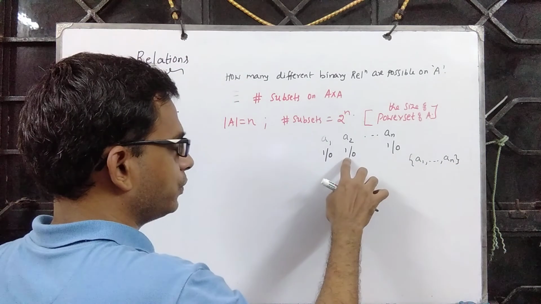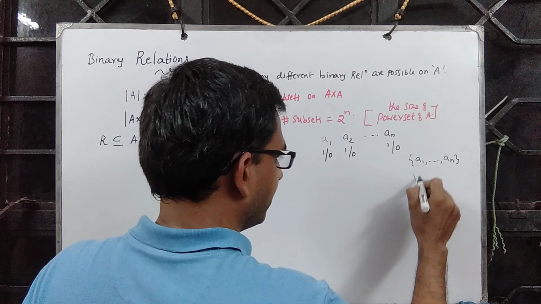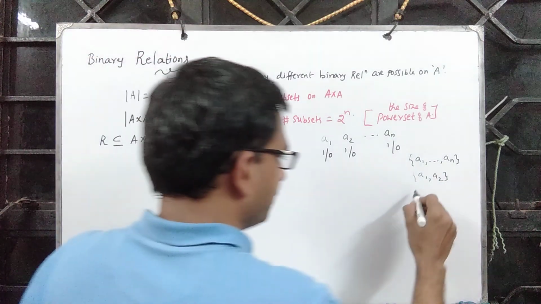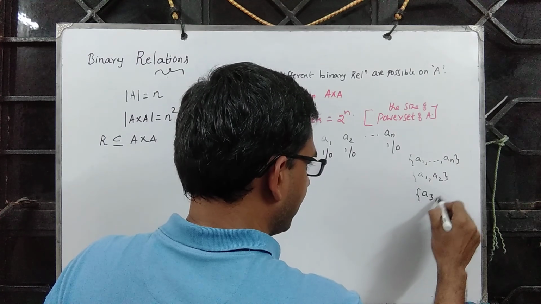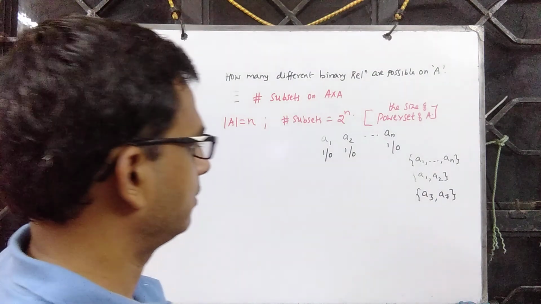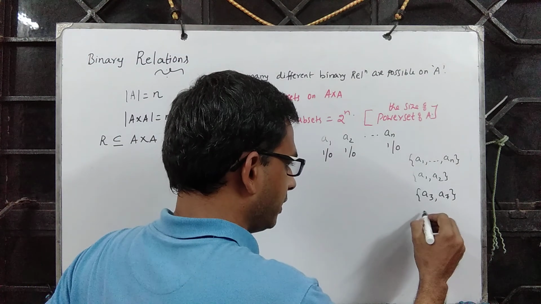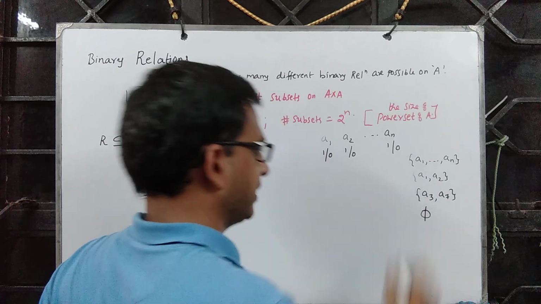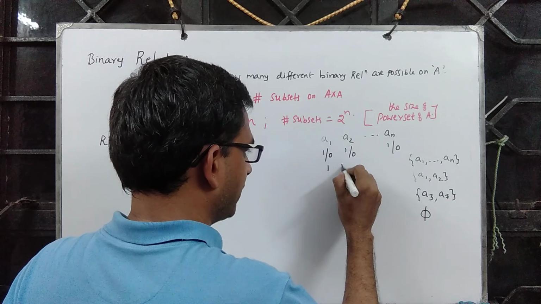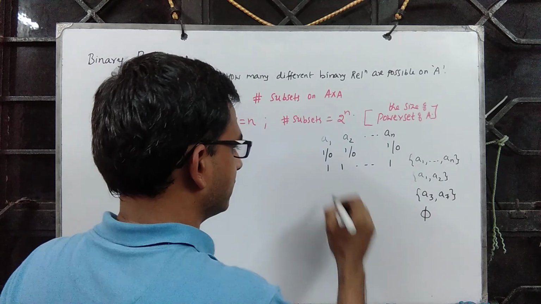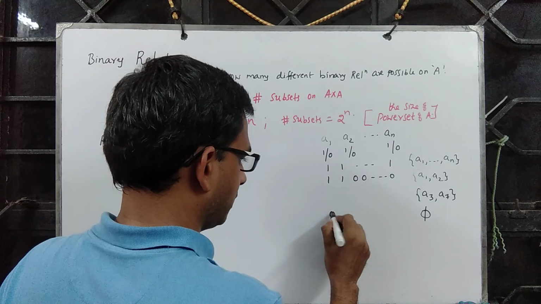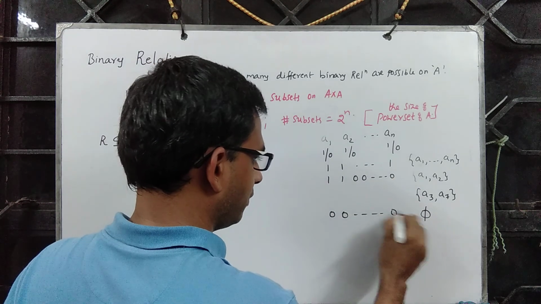Suppose we include these two and exclude the rest, then we get A1, A2. Suppose we include A3 and A7, the rest are 0, we get this. And if we include none, we get the empty set. So if this is 1, 1, 1, we get this. If this one is 1, rest all 0, we get this. If all of them are 0, we get this.